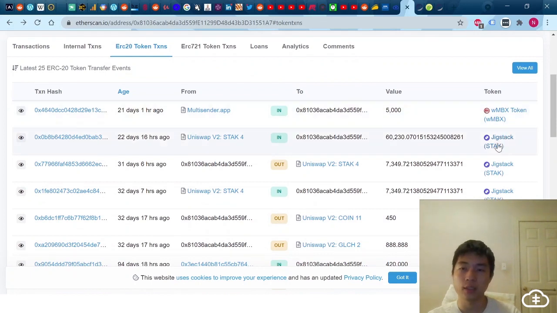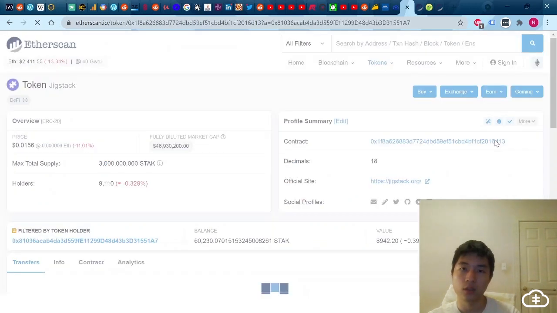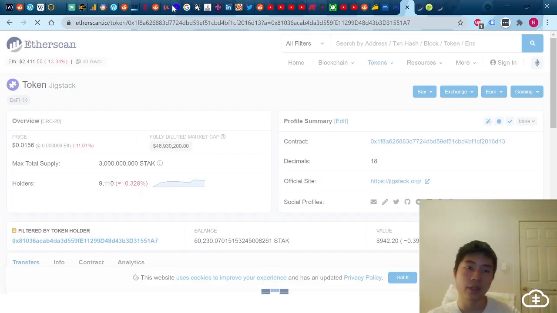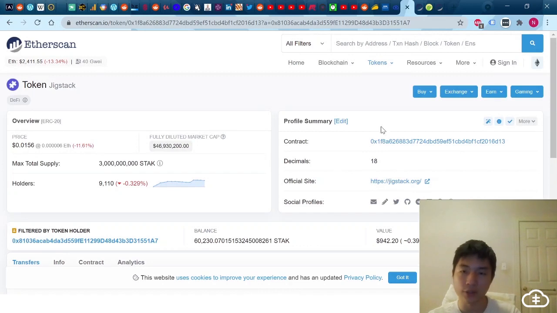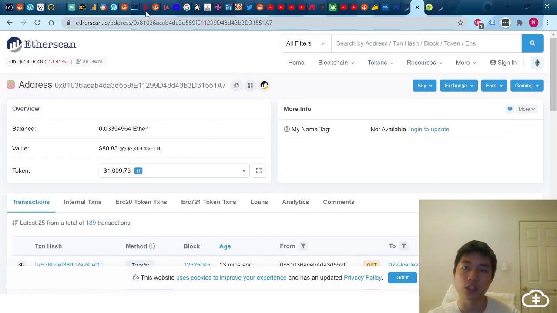Right here, you can see it's called Jigstack. If I click it in right here, okay, this is not Uniswap. If I click in Jigstack right here, this address, you'll notice that it should be the same as the Jigstack address from before.